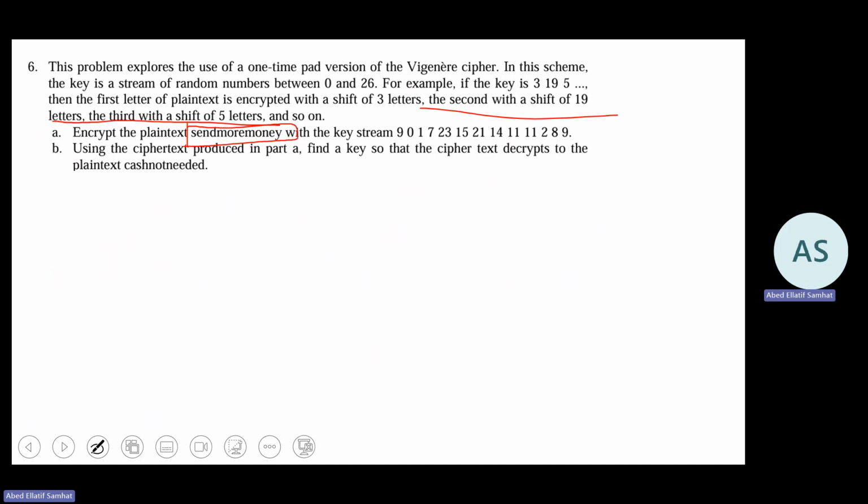So the idea here is that we should put, as we did together in Vigenère, it's the same but the key is longer. So we have to put send, more, money.